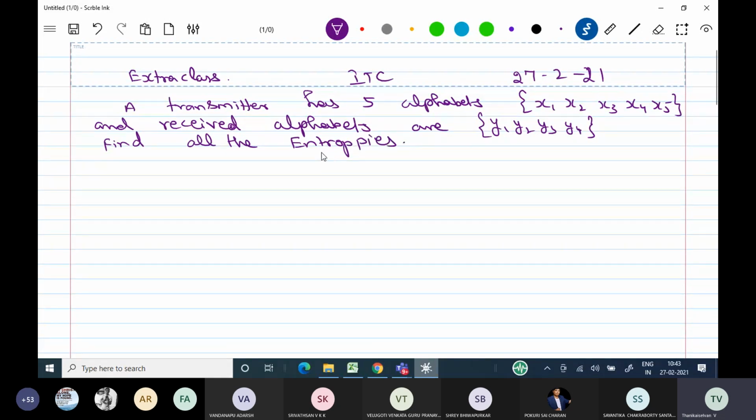For this, they have given the joint probability value, probability of xi comma yj.